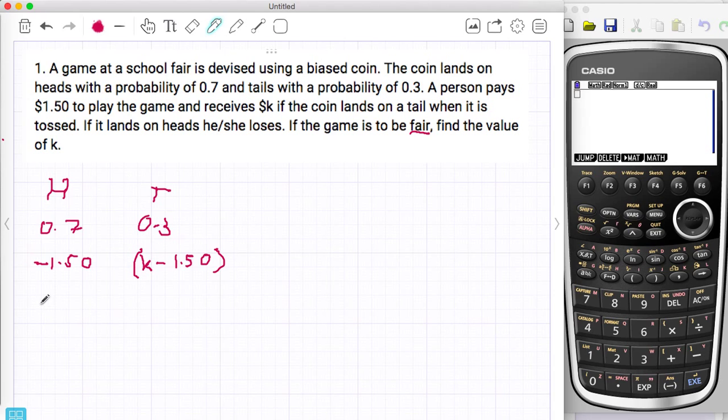Now we want the expectation to be 0, because this game is, the key word, fair, which means that nobody wins and nobody gains. So fair is why the expectation is 0.